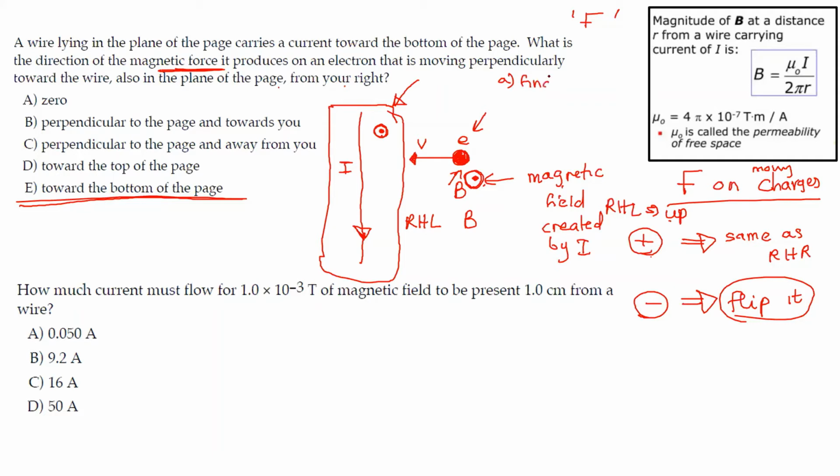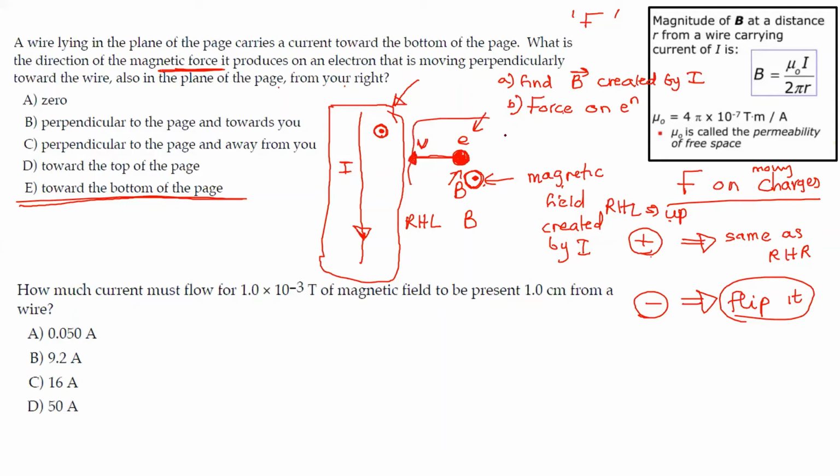So that is one part of the problem: find the direction of the B field created by I. The second part of the problem is now you have the B field, so you can find the force it will give to this electron. Force on electron. Now we have an electron moving this way in a magnetic field.